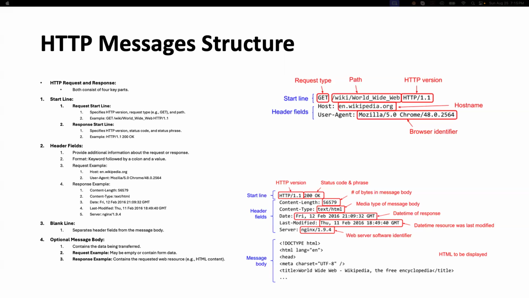In the HTTP response, you might see headers like Content-Length: 56,579, which indicates the size of the response body, and Content-Type: text/html, which tells the browser the type of content being sent.